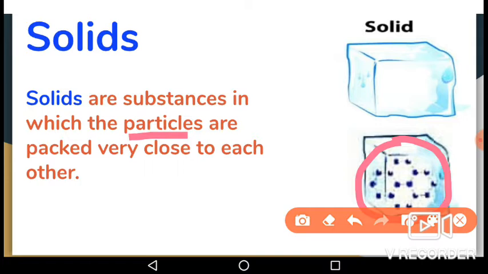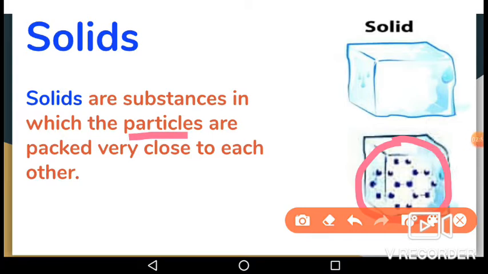If we apply force, some solids can change their shape. For example, dough can be rolled into chapatis, and interesting shapes can be made out of clay. Some solids, on applying force, can be bent or broken.